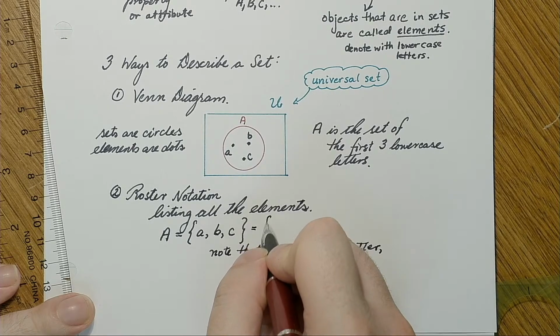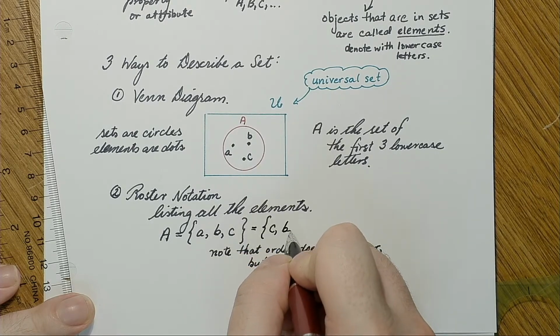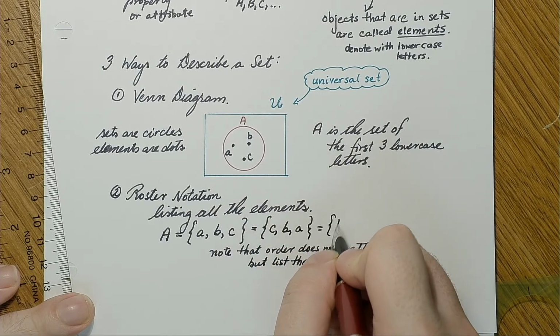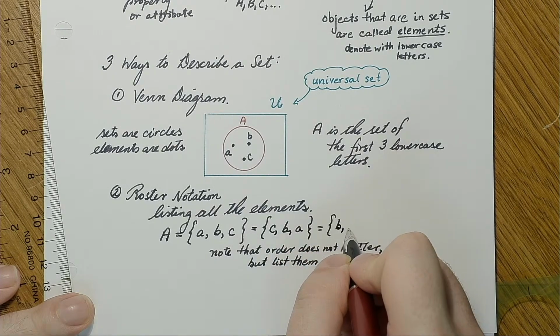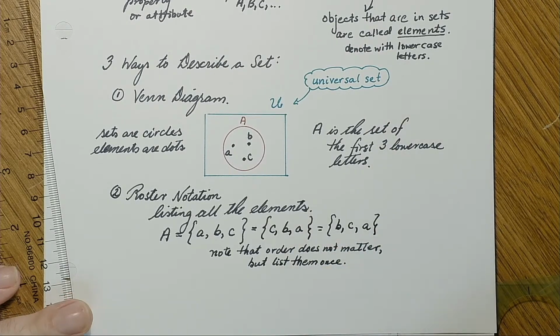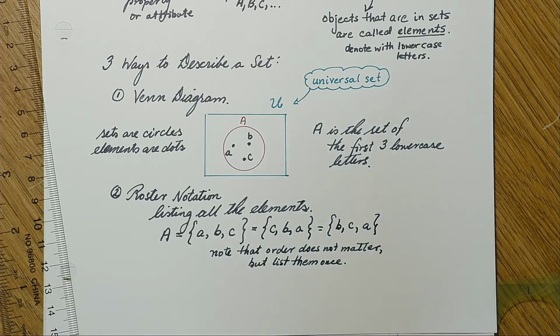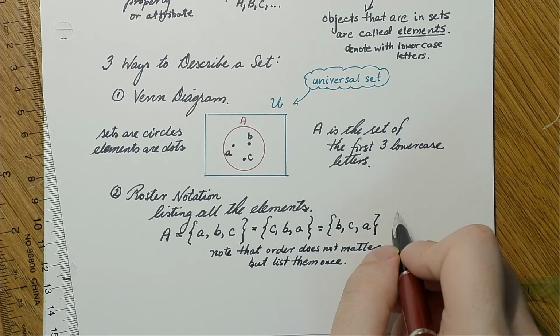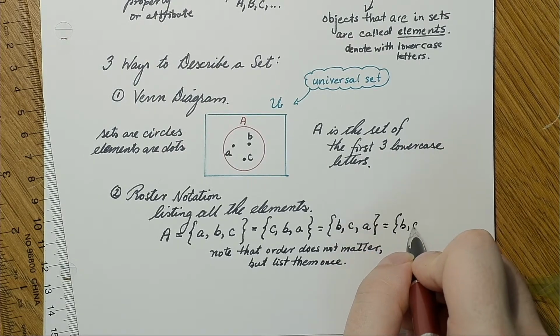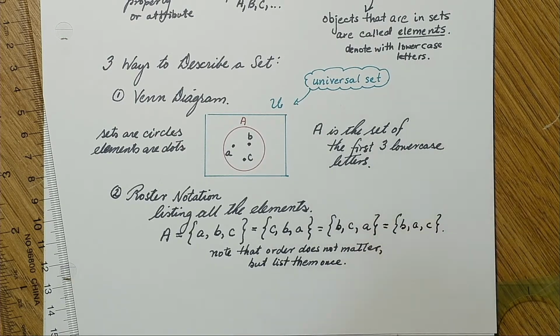So in this case, I could have written it as C, B, A or B, C, A. Okay, so those are all ways of writing it.